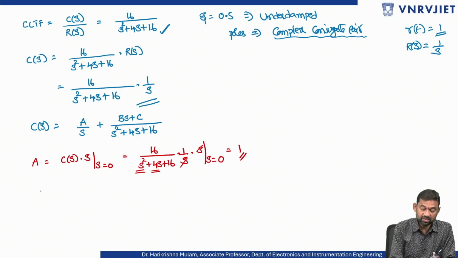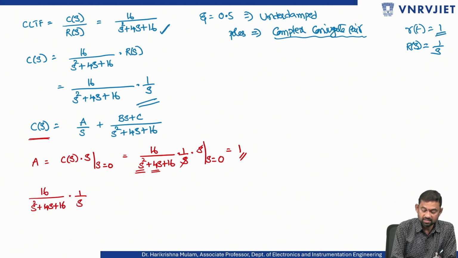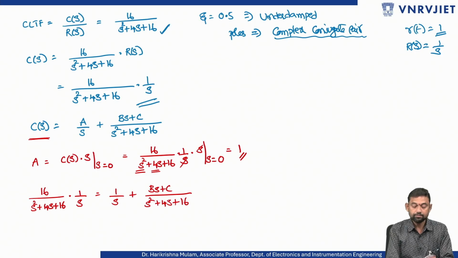Therefore, C of S, that is 16 by S square plus 4S plus 16 into S, is equal to A by S, where A is 1, plus BS plus C divided by S square plus 4S plus 16.